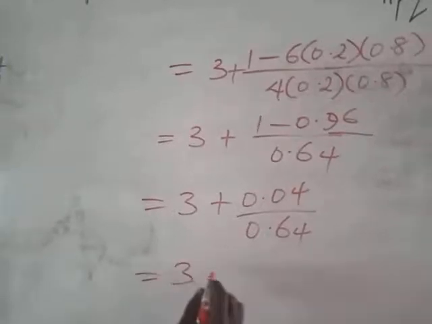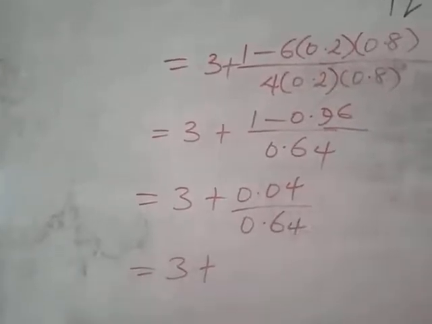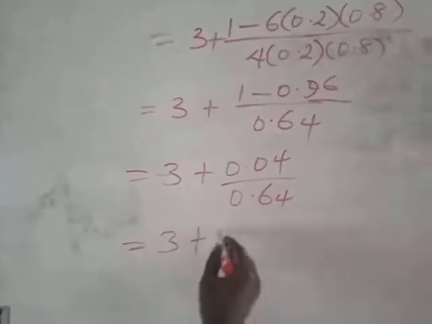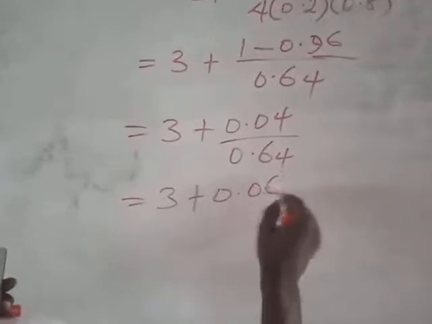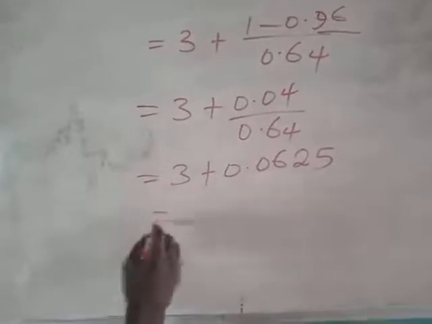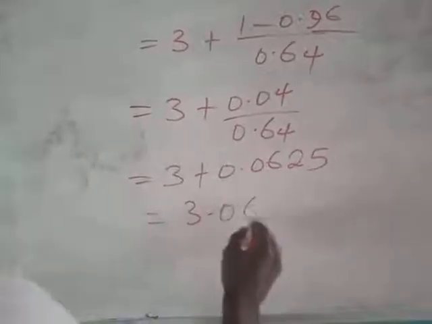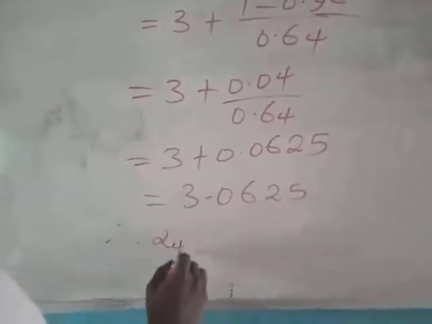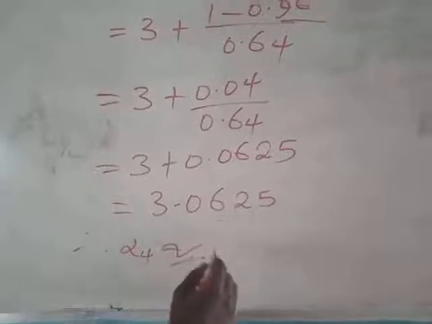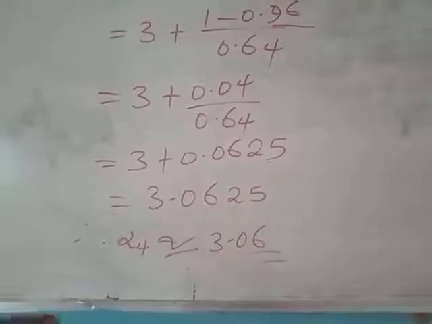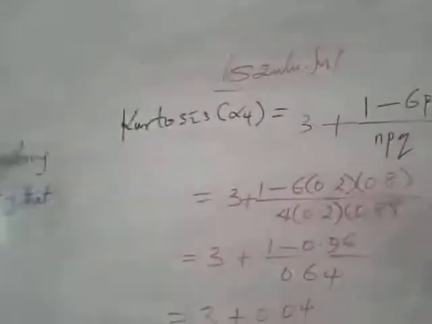So it's equal to 3 plus, this divided by this, we get 0.0625. So we add it to this, and this will give us 3.0625. Therefore, this is approximately 3.06. So this is the moment coefficient of kurtosis. That is all about the question.